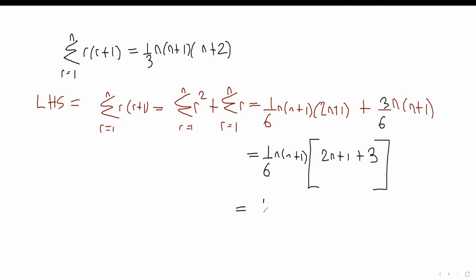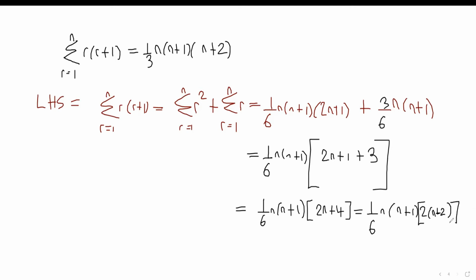So this is going to work out to be 1 over 6n times n plus 1 times, in brackets, 2n plus 4. But you see this 2n plus 4 right here, I'm going to factor out a 2. This becomes 1 over 6n times n plus 1 times 2 times, in brackets, n plus 2.